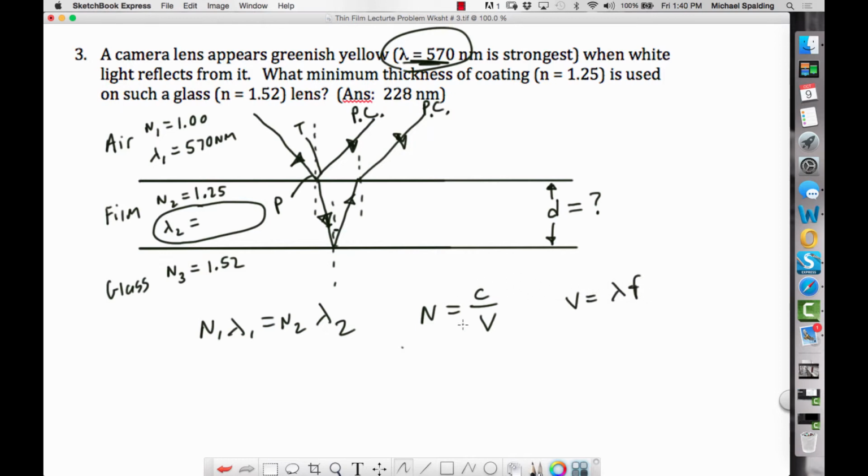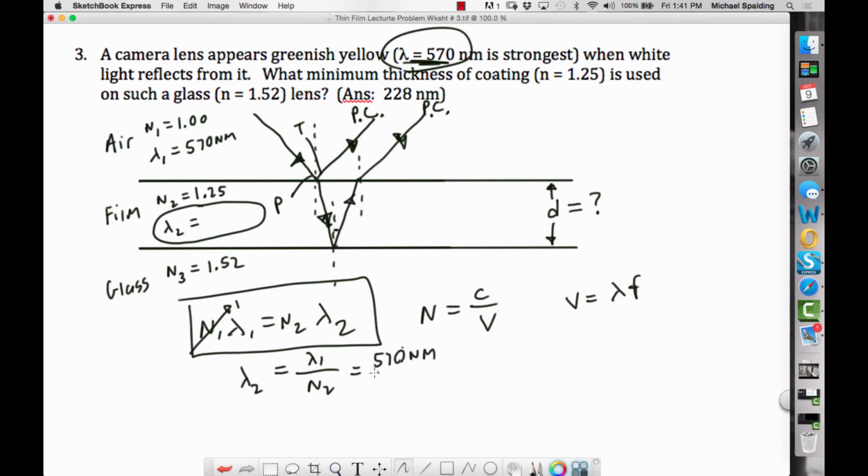By substituting those 2 equations together, you can get this equation. So N1 is 1, so wavelength 2 must be wavelength 1 over N2, so that's 570 over 1.25, so wavelength 2 is 456 nanometers.